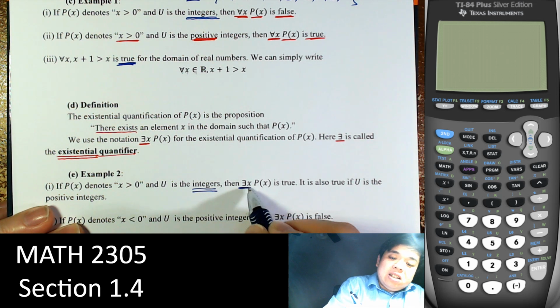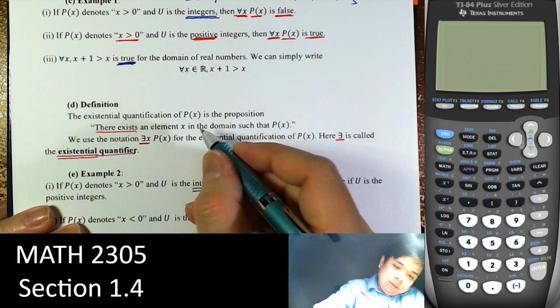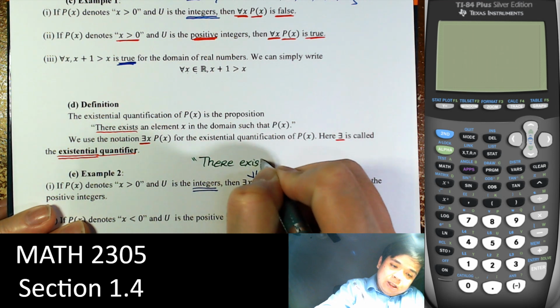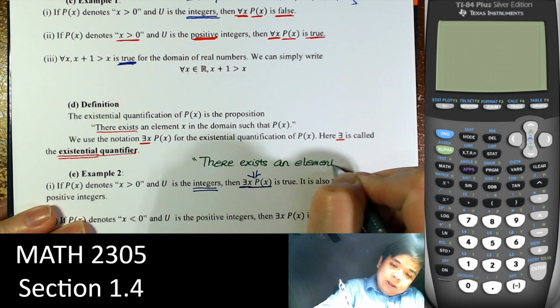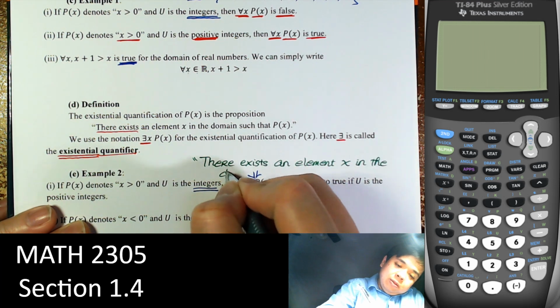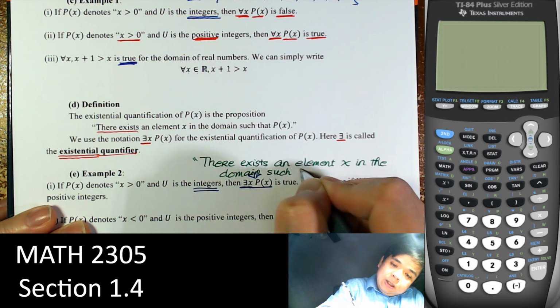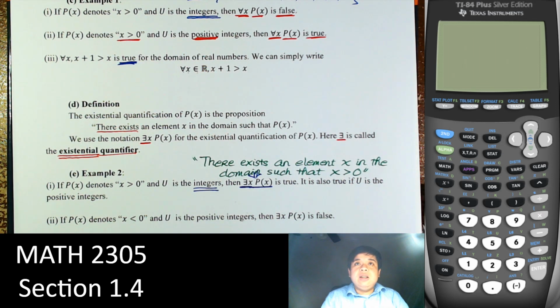So there exists an x such that p of x, meaning if I spell this out, there exists an element x in the domain such that p of x, in this case greater than 0.